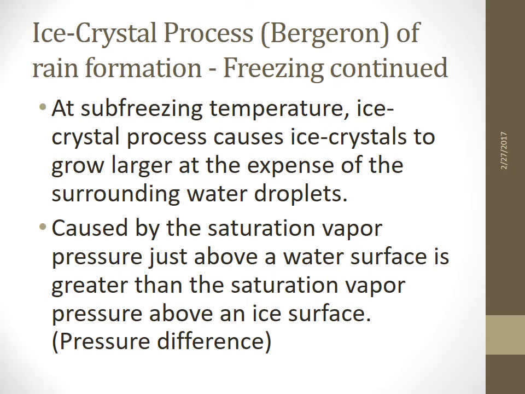Ice is solid, so solids are more tightly bound to the material than a liquid, so there would be less chance of the vapor escaping from the solid. Okay, so that means fewer water molecules around it, which means a lower vapor pressure, and this causes a pressure difference. And I'll show what happens.